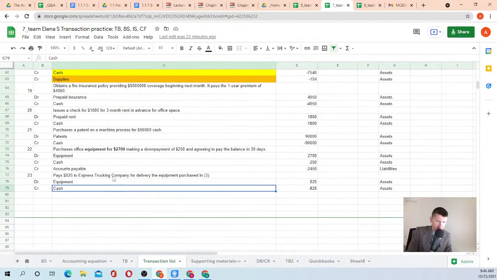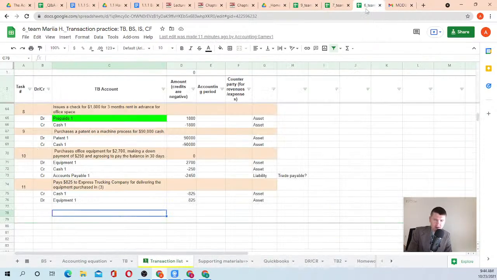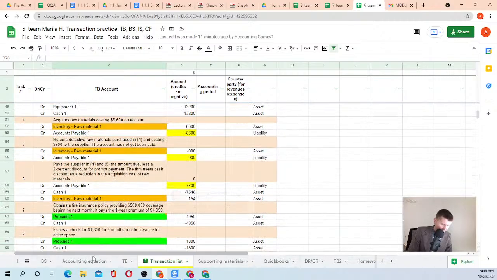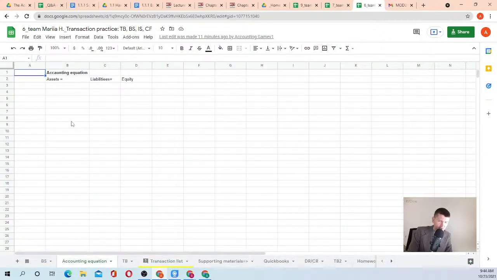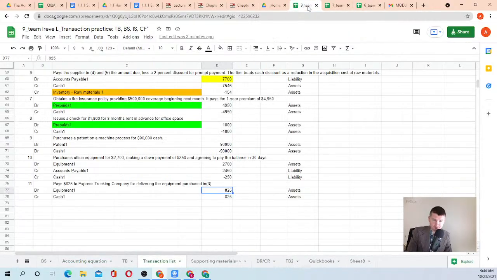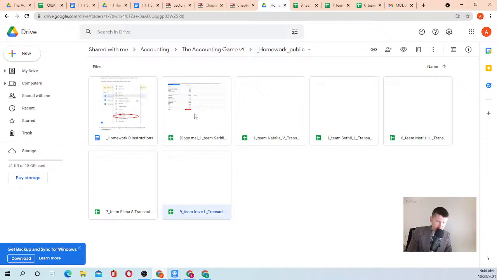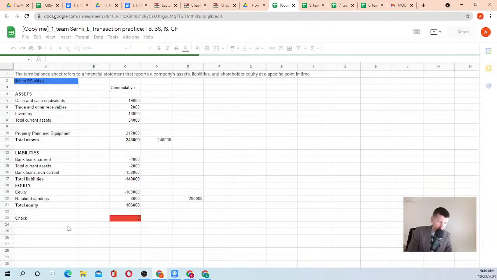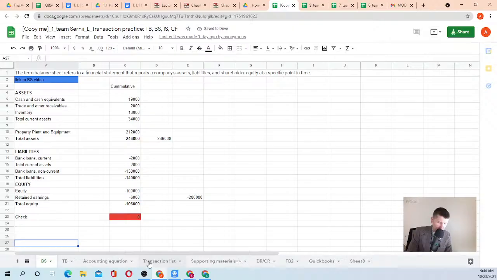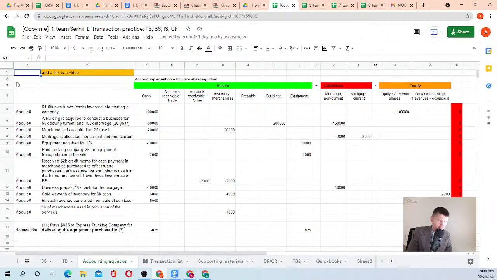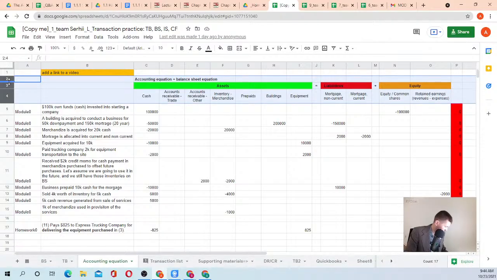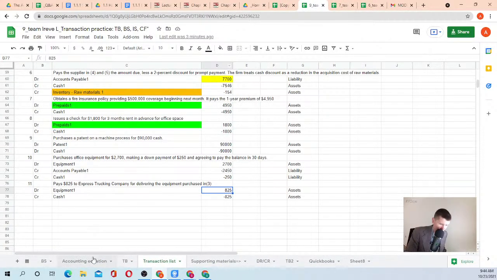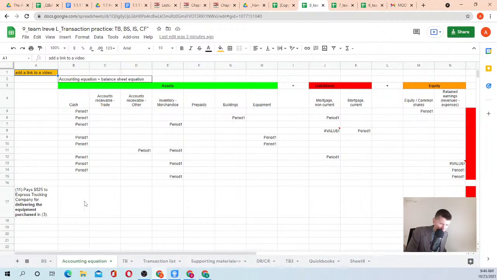So let's go to Maria's file and let's see, do we have anything in accounting equation? Not yet. So how do we deal with that? We go to my file, to the template, the one which has copy me here. And you go to the accounting equation list. You just select 3 lines, copy them, and okay, let's go to everyone's list.